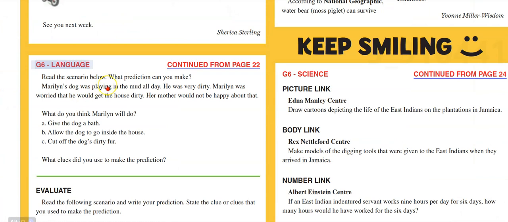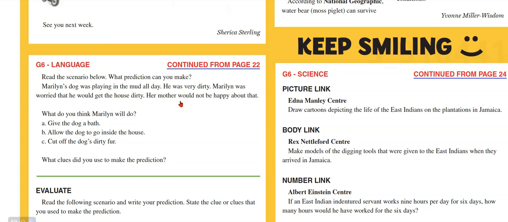Read the scenario below. What predictions can you make? Marilyn's dog was playing in the mud all day. He was very dirty. Marilyn was worried that he would get the house dirty. Her mother would not be happy about that.